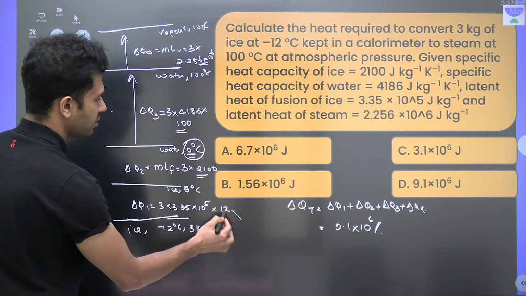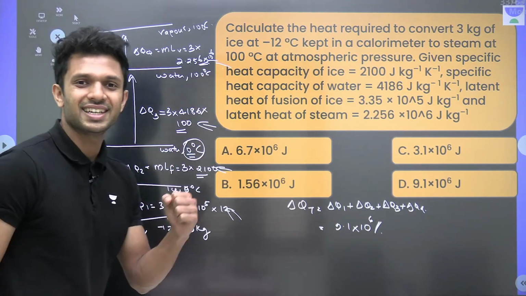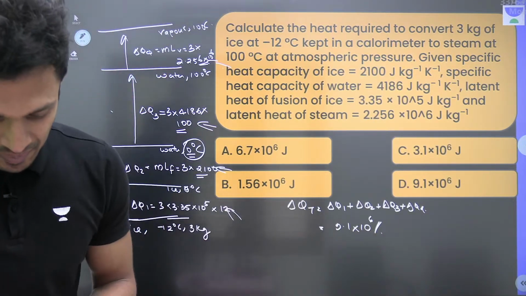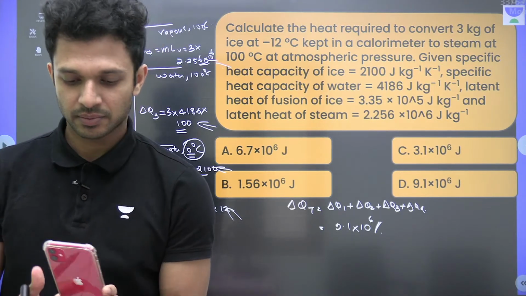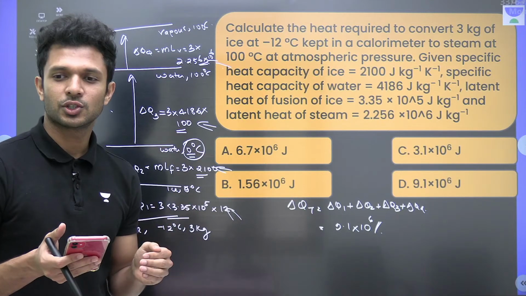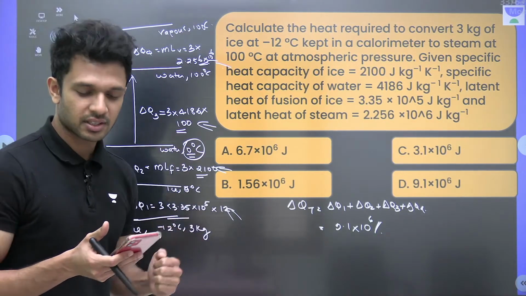So add all these values, this and this. Okay, got it? Doubts? Anything? None? A bit fast. Uh-oh.